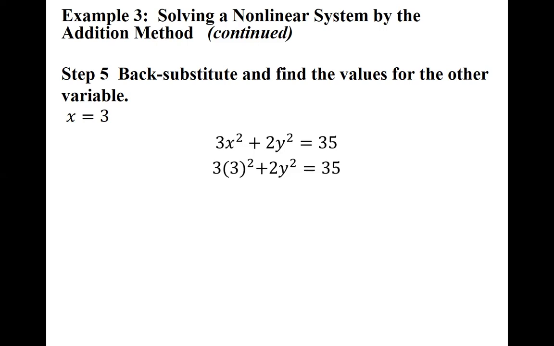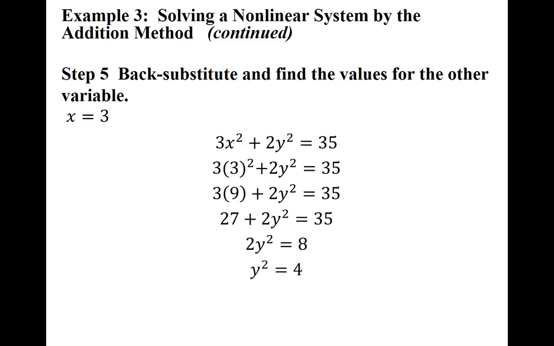So 3 times 3 squared, or 3 times 9, 27, plus 2y squared equals 35. Subtract 27 from both sides, 2y squared equals 8. Divide both sides by 2, y squared equals 4. Take the square root of both sides, y equals plus or minus 2.